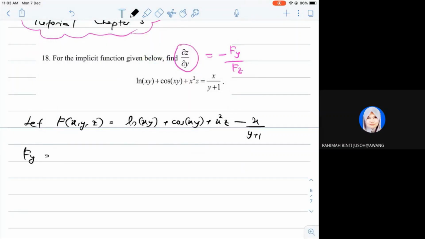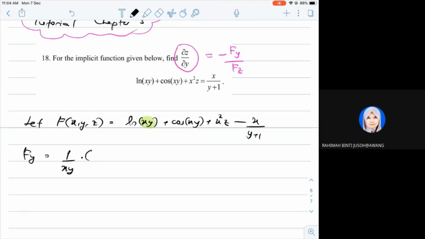Again, differentiate f(x, y, z) with respect to y. Of course, y is the variable and x and z are the constants. Okay, so let us differentiate this ln xy with respect to y. We will get 1 over xy multiplied by what, guys?